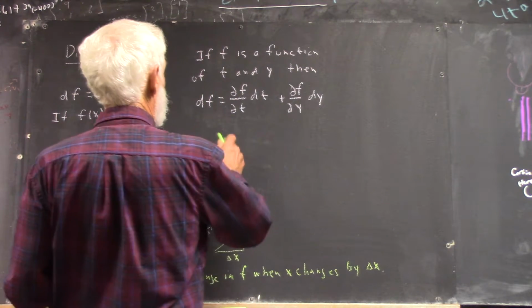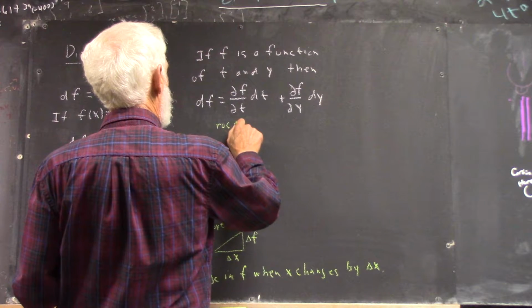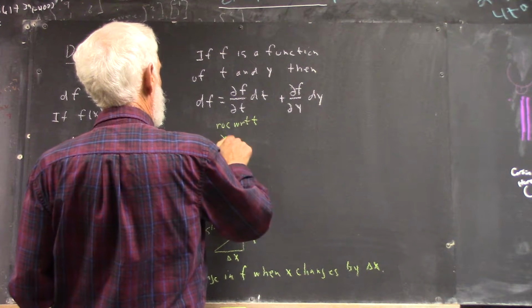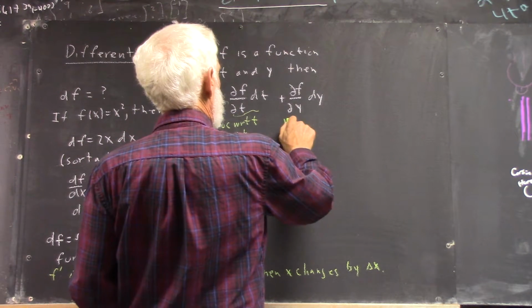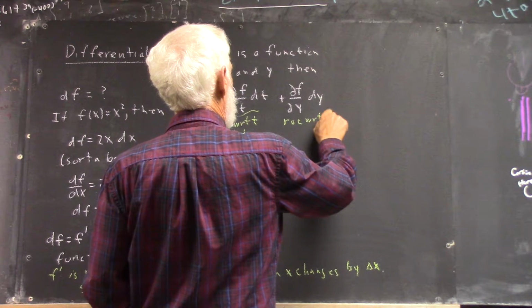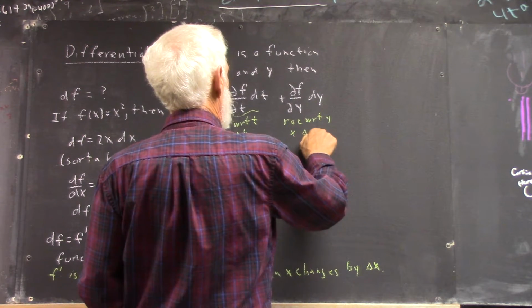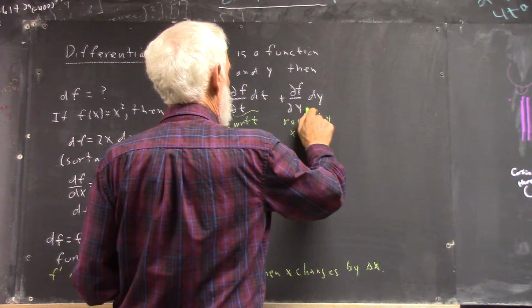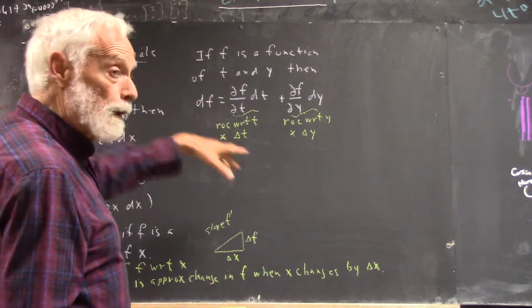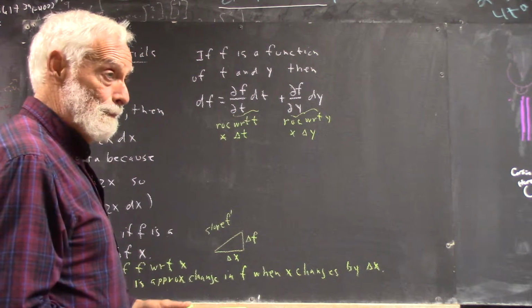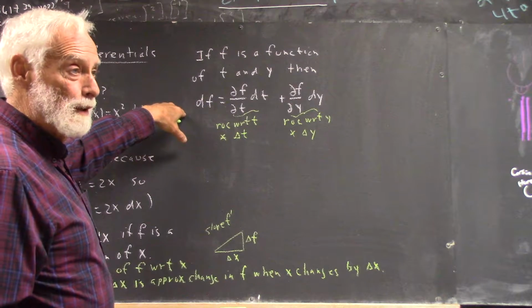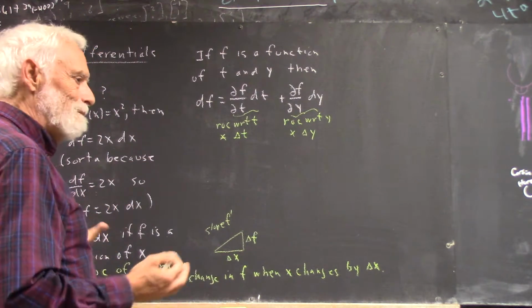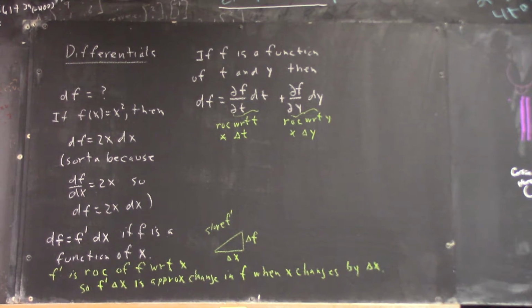So this is because now you've got two variables. So that's a little bit of multivariable calculus, but it's a real easy part of multivariable calculus. How that applies to this thing or this thing.